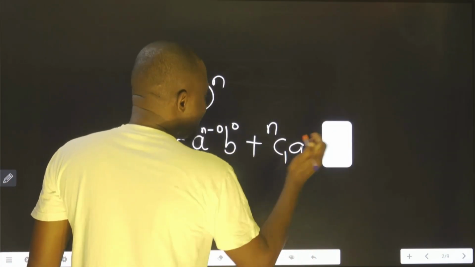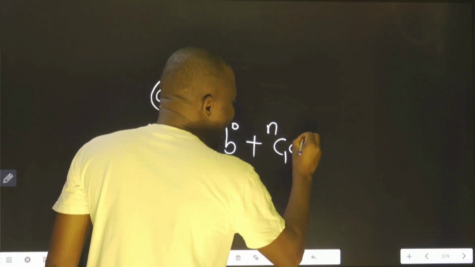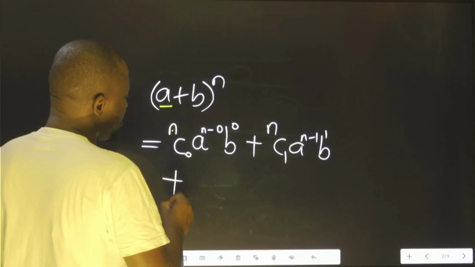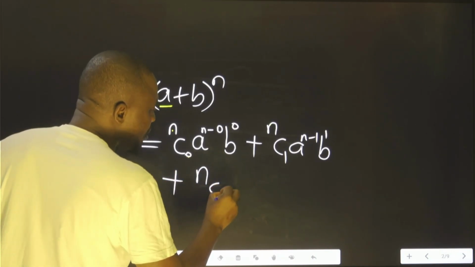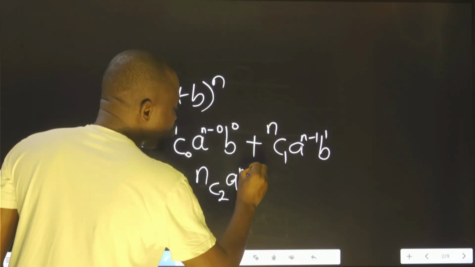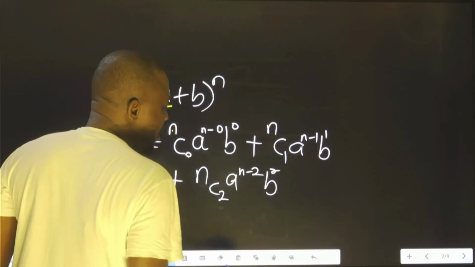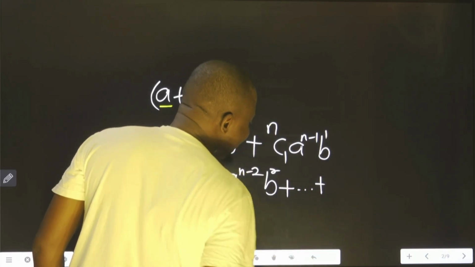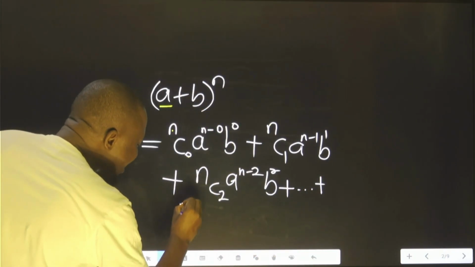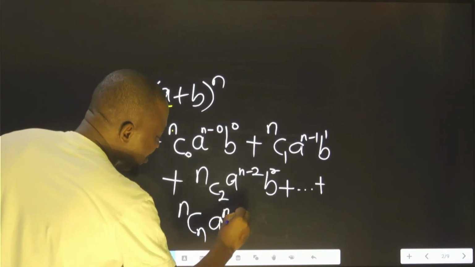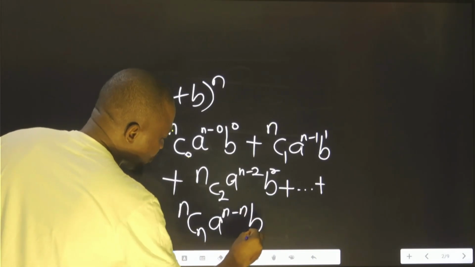For the a, we say n minus 1, then b raised to power 1, plus we have n combination 2. A is n minus 2, b is 2. That is how you continue to do it until you arrive at n combination n, a raised to power n minus n, then b raised to power n.